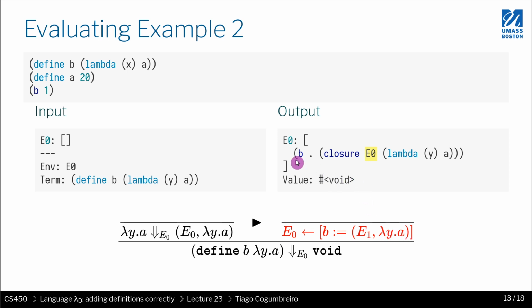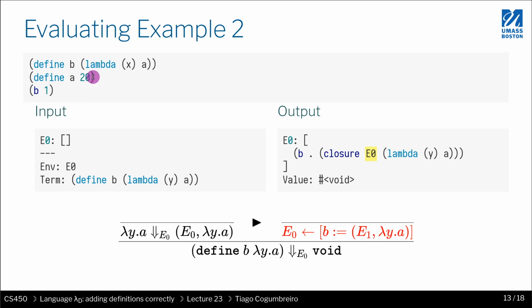So that's why here you see that the output heap, which is implicit in the rules, becomes explicit here, has B and the closure, which is this part. So this closure represents this, B represents this, so the output of this operation should be this, and the value void corresponds to this void.